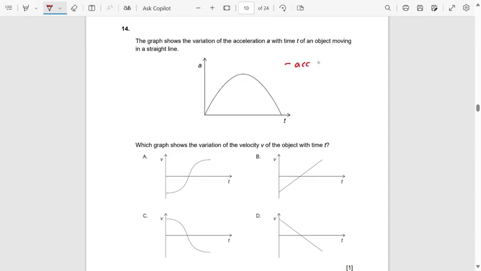Let's just write this down. The acceleration initially increases, then it reaches a maximum. Then, once it's hit a maximum, it decreases to 0.